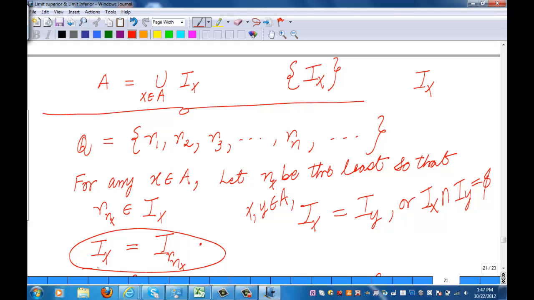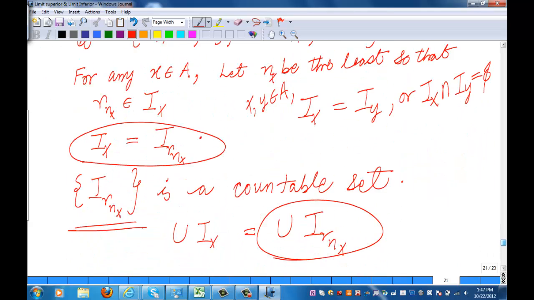So each Ix is the same as I of Rnx, and this works for any x in A. Then the union of I of Rnx is the same as the union of all Ix, which is equal to A. But the union of I of Rnx is a countable collection.